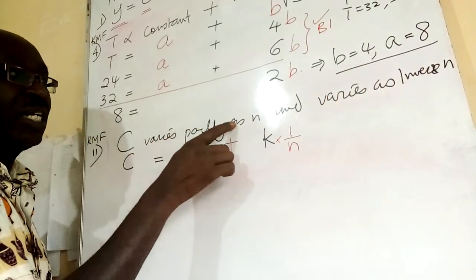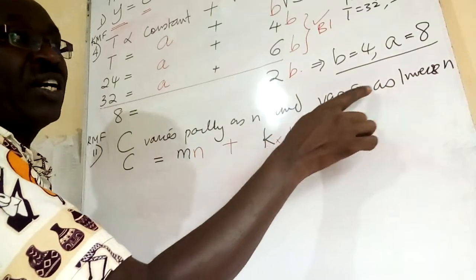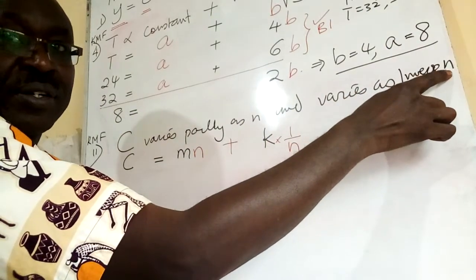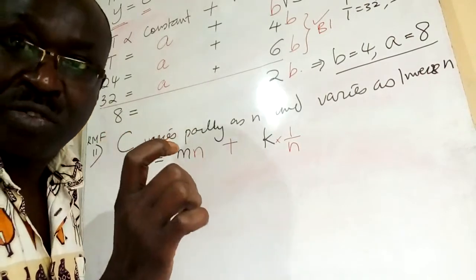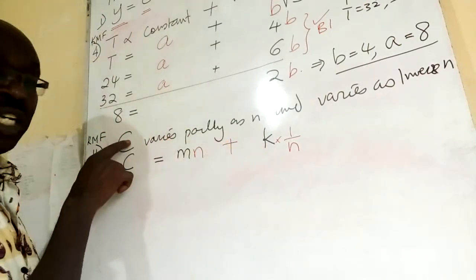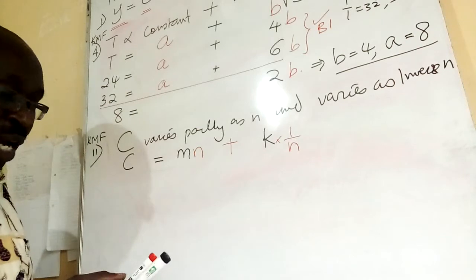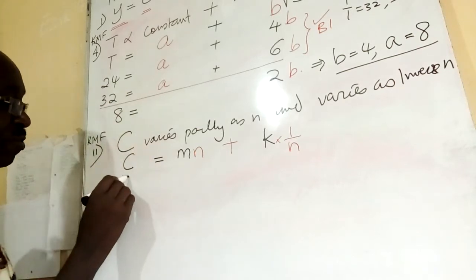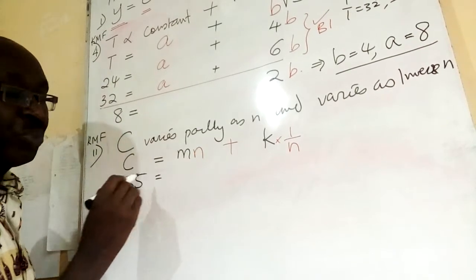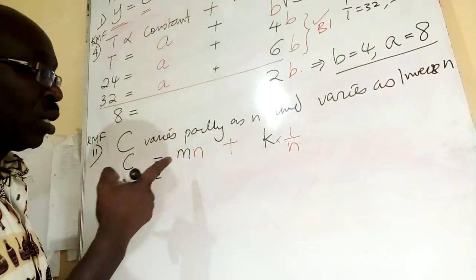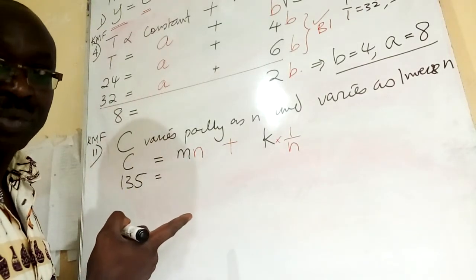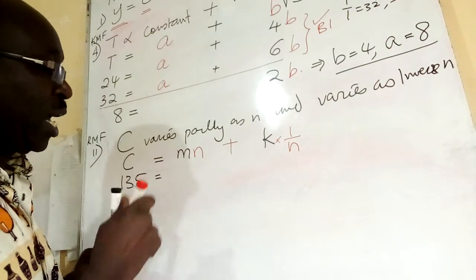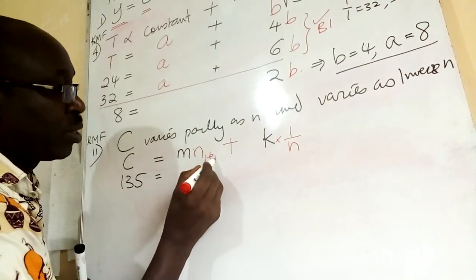C varies partly as n and varies as inverse of n. So n is the number of items and C is the cost. We are told 135 is the cost to produce 2 items, and n is the one which stands for items.